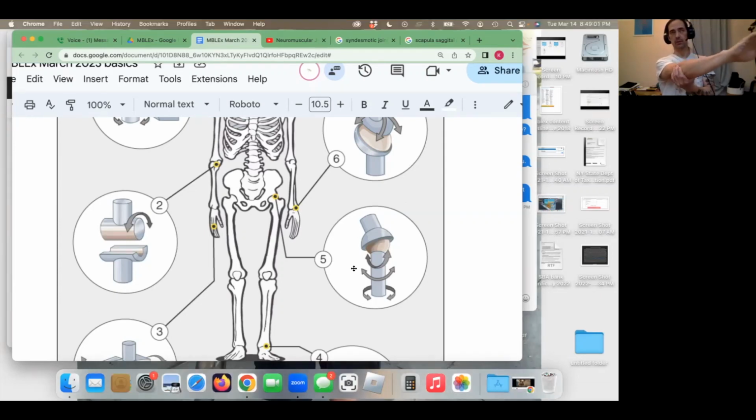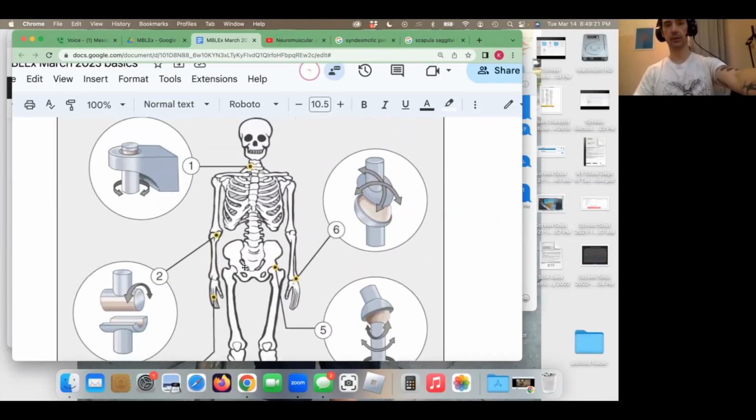It turns like this inside the annular ligament. And then at the other end, the radius is going like this in an arc, right? So that's another pivot joint.